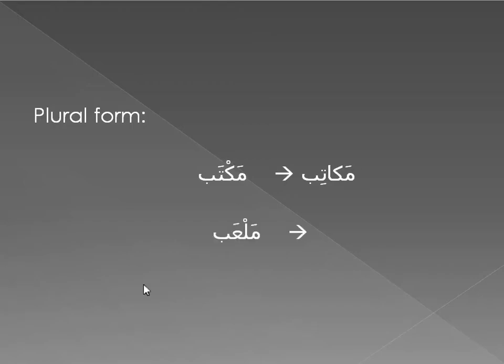So, we gave you the place noun, malab. Malab, stadium. What would be stadiums, or stadia in Latin? Alright. Mala'ib. Again, this beginning stays the same, but we put an aleph here and a kasra there. Mala'ib.